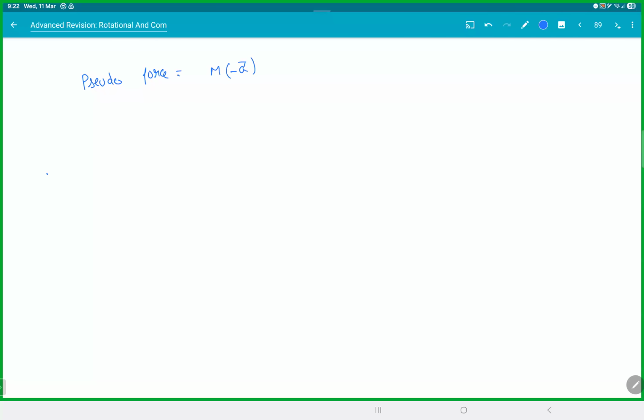So when someone asks you, find the pseudo force, we have m into r double dot, that's d square r by dt square, r cap plus m omega square r cap. See, this became plus, that's your centrifugal force.